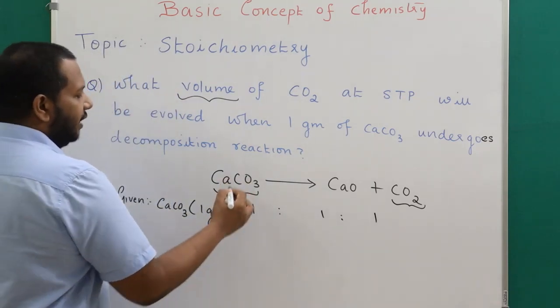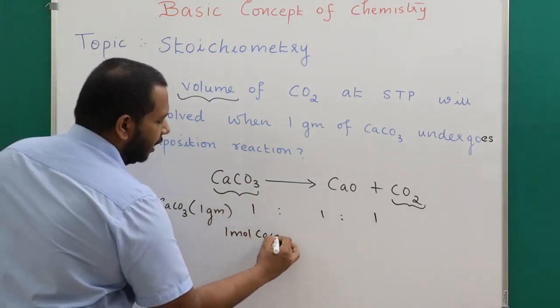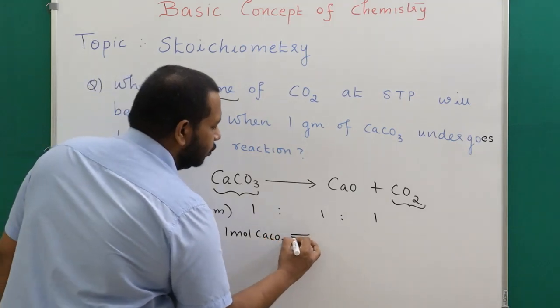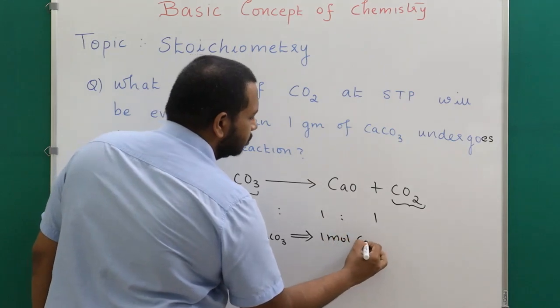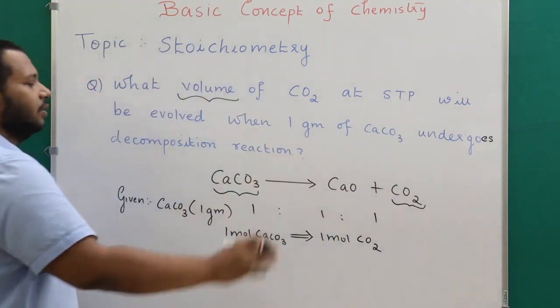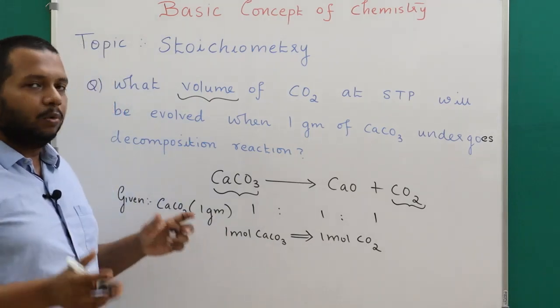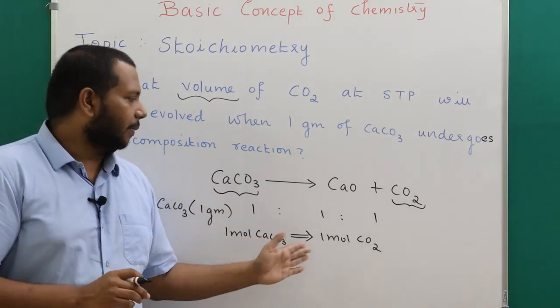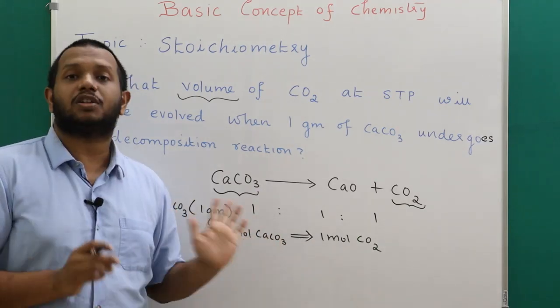I can say that 1 mole of calcium carbonate produces 1 mole of CO2. This is a fundamental I always write, because these two need to be related. Now, have I got the answer? No, this is only the stoichiometric ratio.